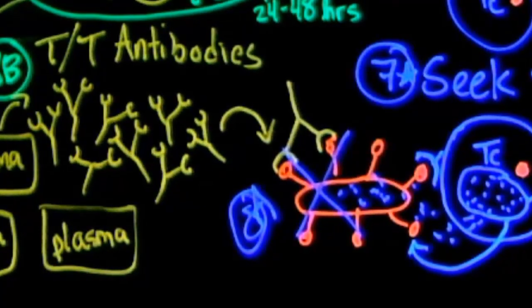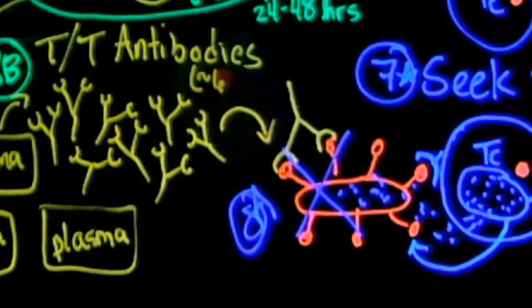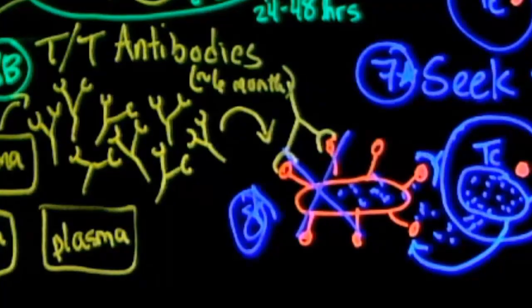There are a lot of functions to antibodies, which include binding antigens together and coating antigens for neutralization. Antibodies are a key player in this process. But here's the limitation. Antibodies as a protein last approximately 6 months. Then we've got to make more.